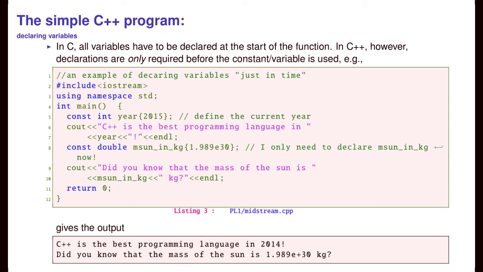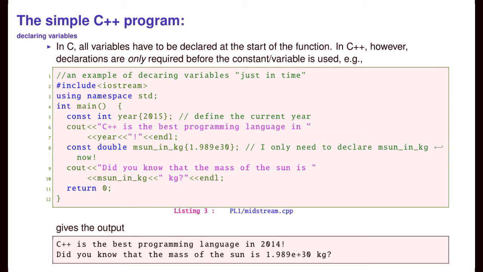Let's go a bit further than that, and let's look at how we declare variables. In C, in the real C, all variables have to be declared at the start of a function. In C++, declarations are only required before you use a constant or variable.